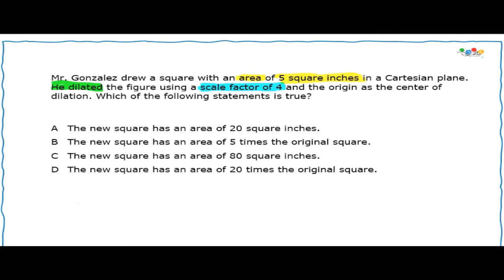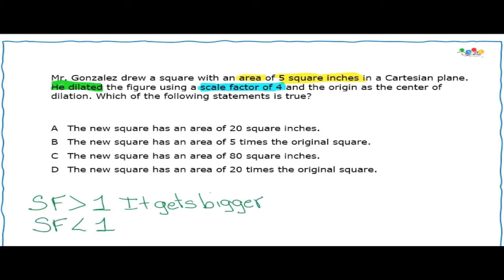If the scale factor is greater than 1, what happened to the shape? It gets bigger. Very good. Okay? So what happens if the scale factor is less than 1?